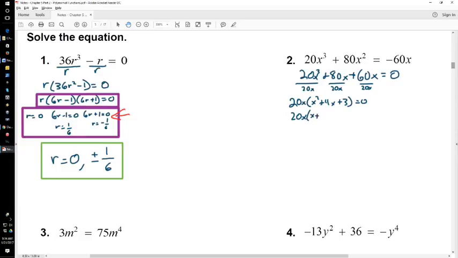So we get x plus 3 and x plus 1. If we set all three of those to 0, 20x equals 0, x plus 3 equals 0, x plus 1 equals 0, we get x equals negative 3, negative 1, and 0. When you solve, all three of those are the answers you get.